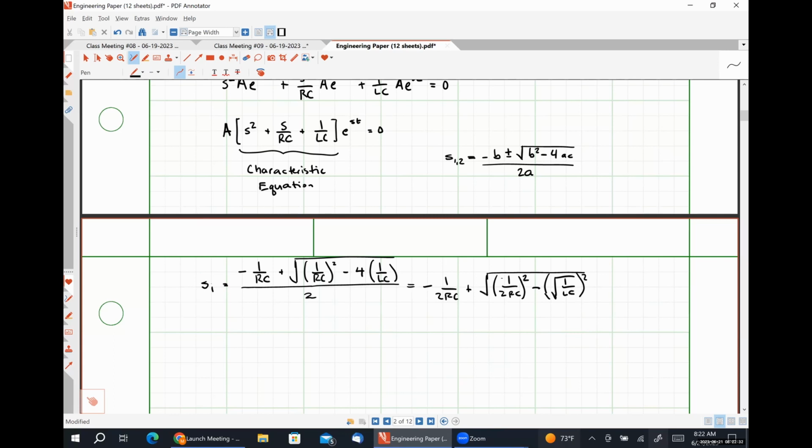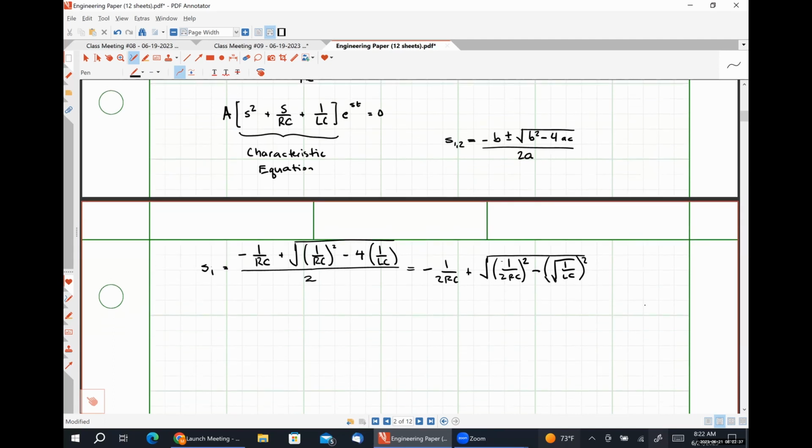And now I'm going to define two quantities here. The first will be alpha. Alpha for a parallel RLC circuit is simply 1 over twice RC.